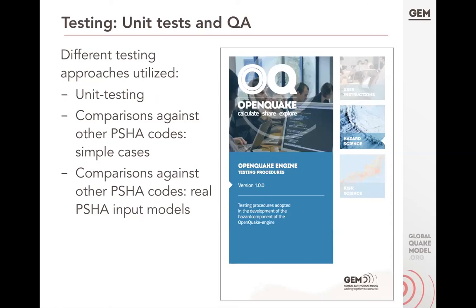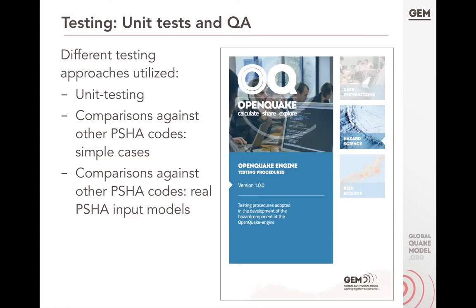And then we have more scientific testing, which is checking if the hazard and risk calculations are producing results that you should expect it to produce. So these would include the tests such as the PEER set of tests for the hazard calculators, and we have similar tests for the risk calculators as well.